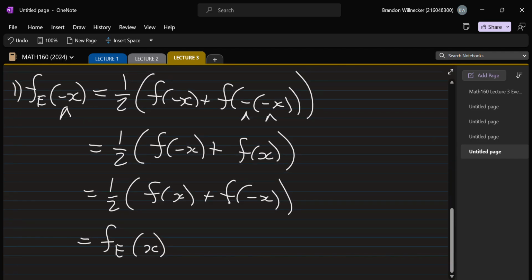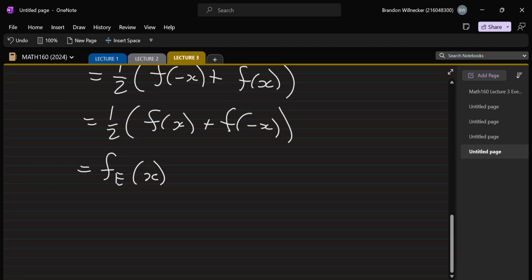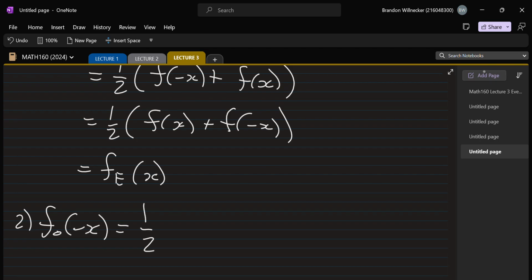Okay, now we just need to show that f odd is in fact odd. Sorry, that should be a minus x. Remember how it's defined. It was f of x minus f of minus x. So we put in the minus x now.